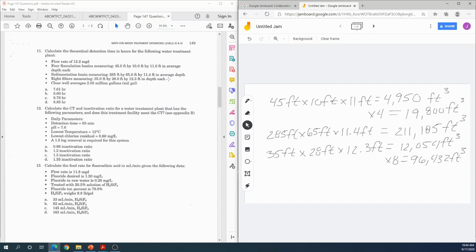So we sum up each one of these. We have 19,800 cubic feet plus 211,185 cubic feet plus 96,432 cubic feet.